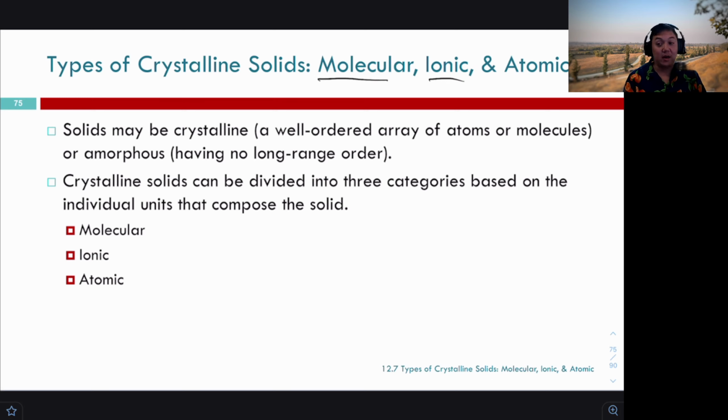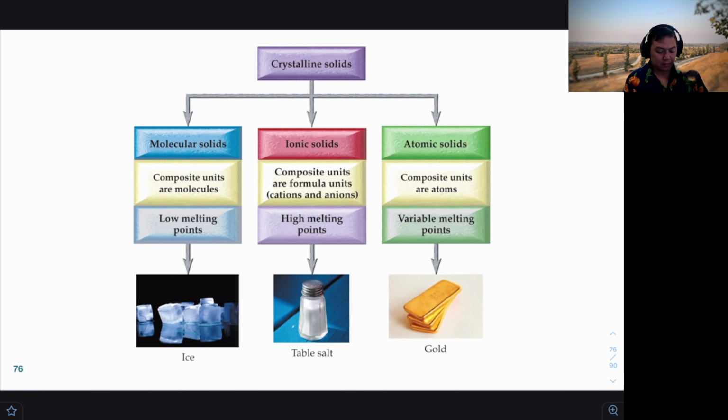And we can have crystalline solids, which are well-ordered arrays of atoms or molecules, or we can have amorphous solids, which have no long-range order. But we're going to be talking about crystalline solids, in particular molecular, ionic, and atomic solids. So we can break those into separate categories in a nice flow chart like this.